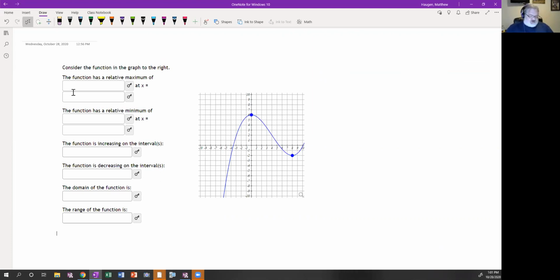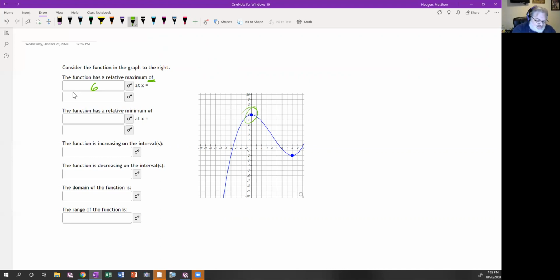So consider that function. It's a nice polynomial. Looks like it's a 3rd degree, probably. It has a general rise to it, so it looks like it's got a positive lead coefficient. Bunch of stuff we can tell just by looking at it. It has a relative maximum of 6, remember, of means the value, so the function value. Where is it occurring?